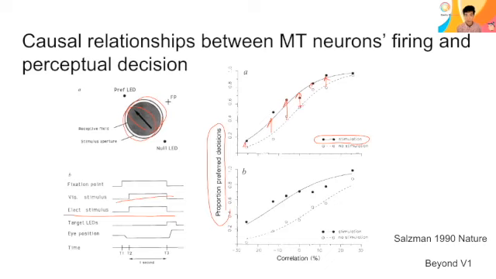As a whole, the psychometric curve, the curve of the psychological performance, shifted to the left. That was the same for the other monkey or other situation here, where the effect is much, much bigger. So that is very strong causal evidence to show that MT is related to motion direction perception and also its decision.